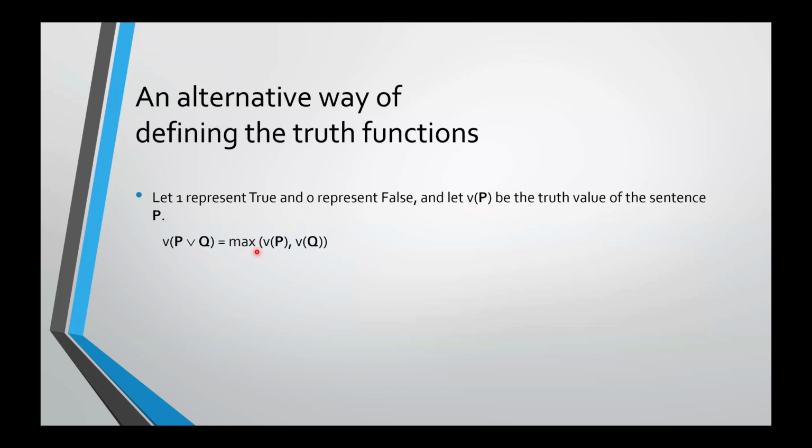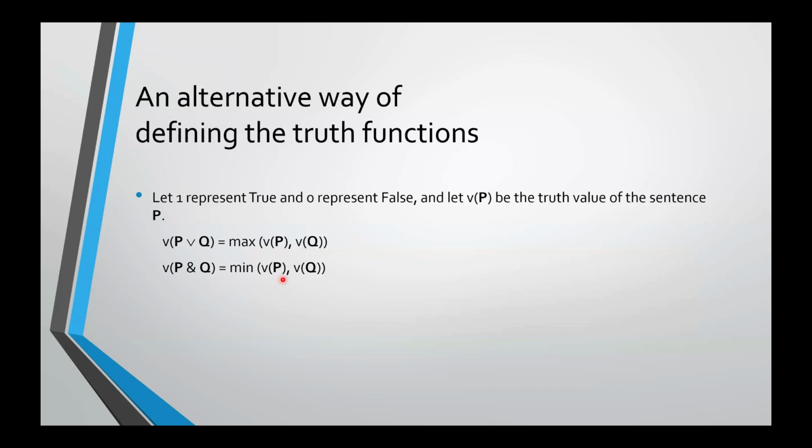So or here is just max, right? It takes whichever of these is the truest, or it takes the truest of the two, whichever their value is. So if either of them is true, then it just returns true. And only if both of them are zero will it give you a value of zero.